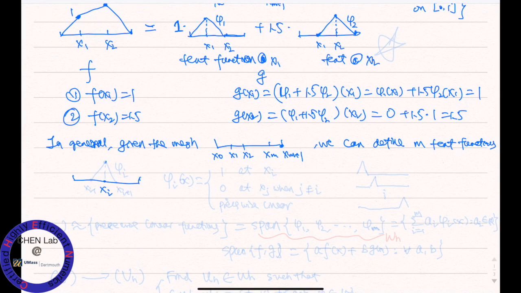At any xi, phi is equal to 1, and then at x_{i-1} it is 0, and at x_{i+1} it is 0. So phi of x is equal to 1 at xi, and 0 at xj when j is not equal to i. And it is piecewise linear.